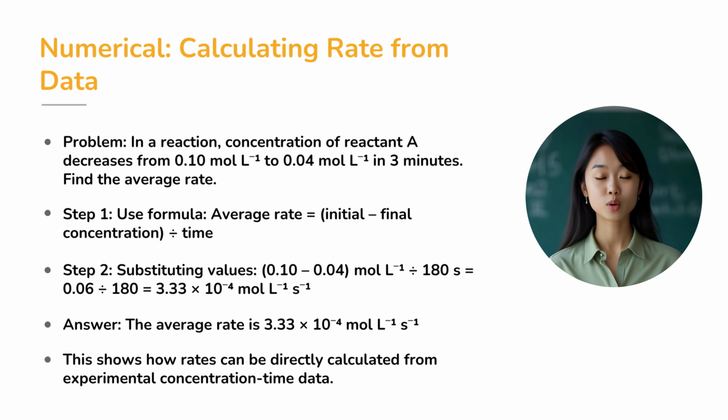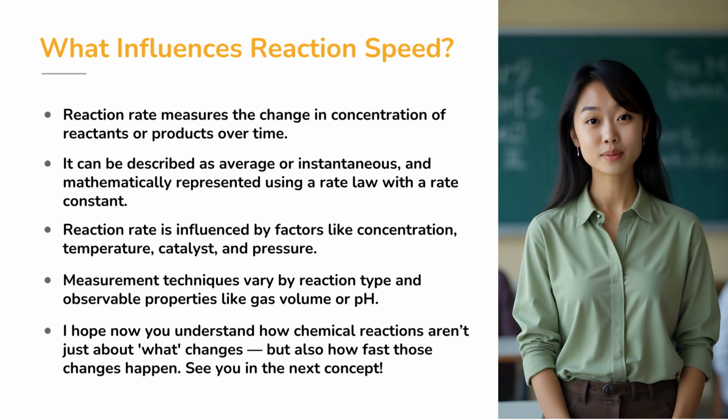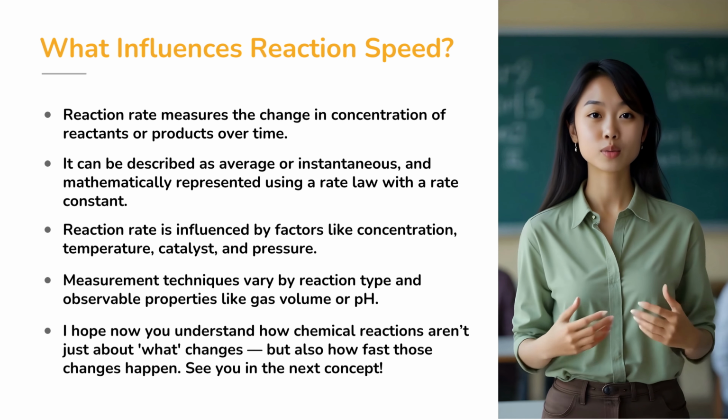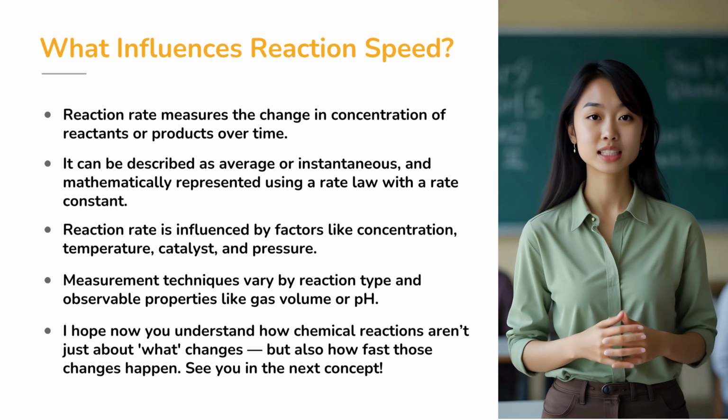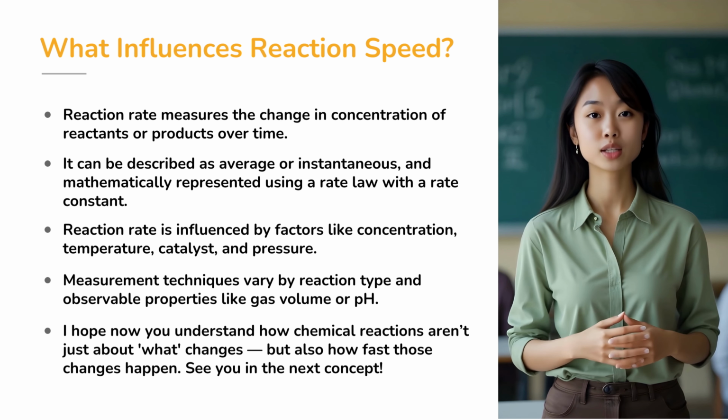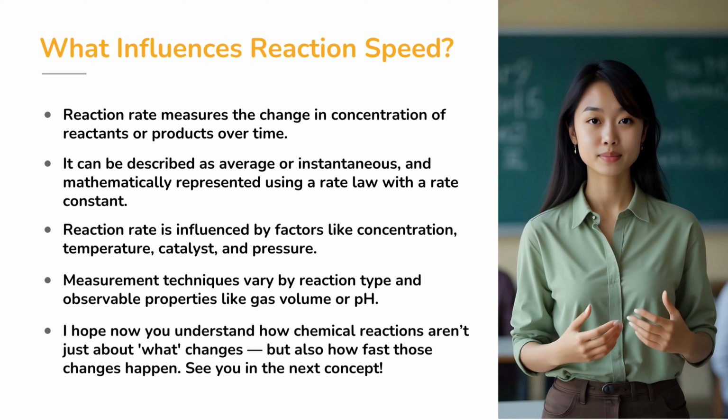It's that straightforward. So, to sum up, the rate of a chemical reaction tells us how fast reactants turn into products. We've seen how it can be average or instantaneous, and how it's linked to concentration, temperature, pressure, and catalysts.